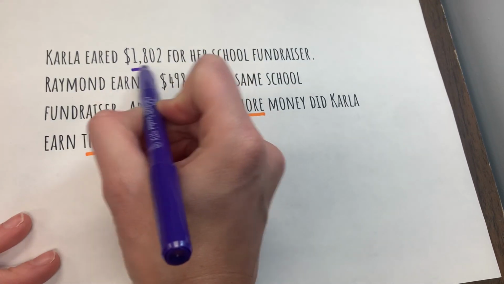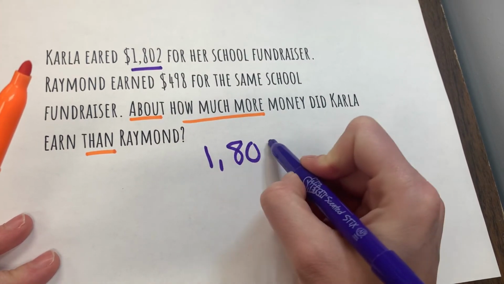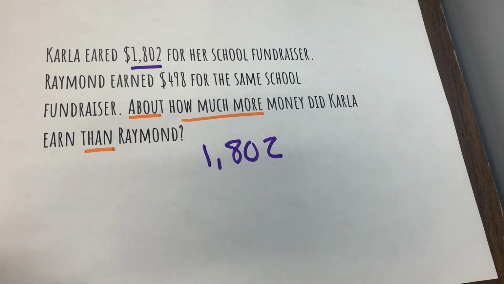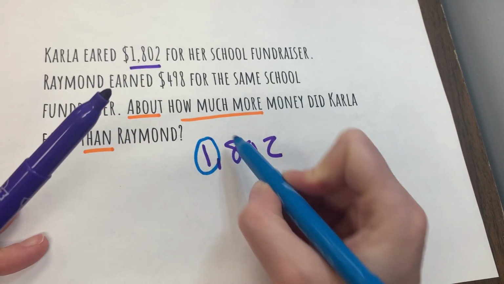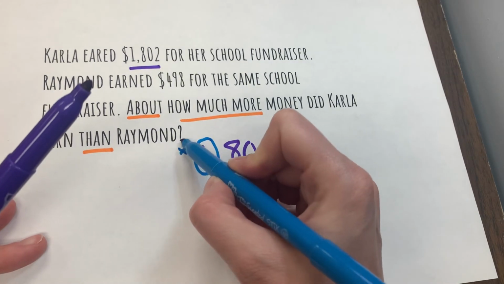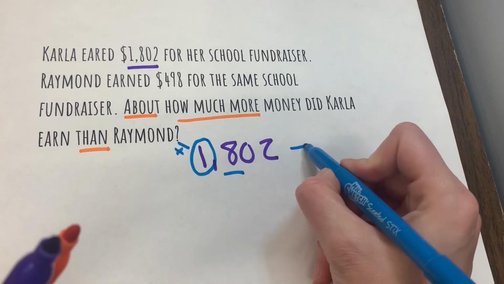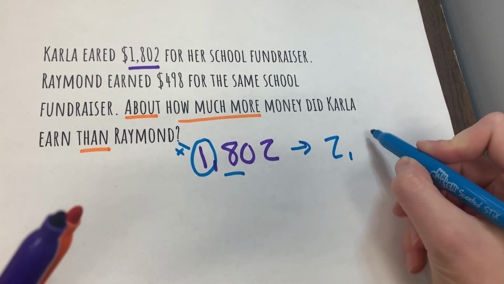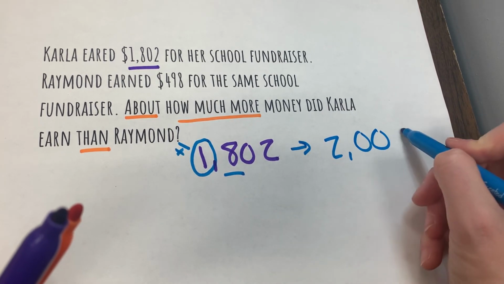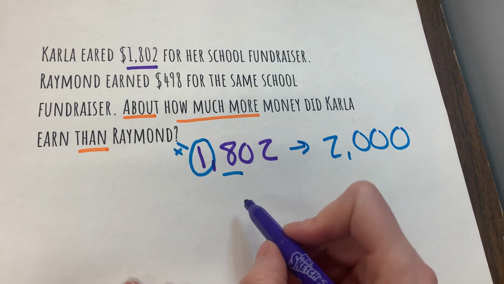So let's take our first number, 1,802. Find the largest place value, circle the digit, look to the right and underline it. 5 through 9, add 1 to the game. The 1 becomes a 2. And everything to the right turns into zeros. Okay, our next number is 498.